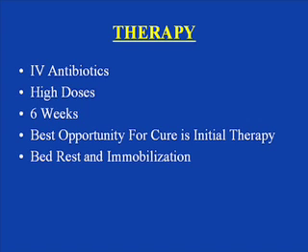Then you're going to be on IV antibiotics. You're going to follow, and the best opportunity is that initial therapy. So you have to make sure that you follow that patient, that you have the bug, and that the patient is followed very carefully. In the old times, when there was no therapy for tuberculosis or anything, cast and immobilization usually helped the healing because the body helps it fuse.